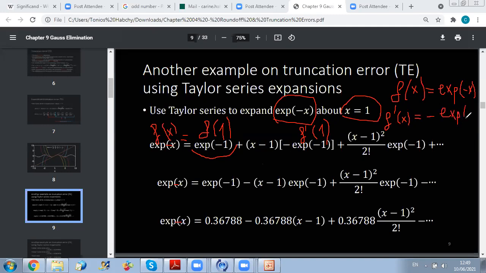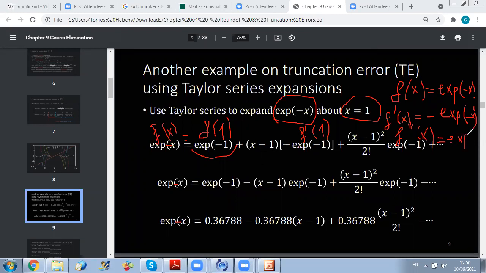And if you continue, you will see that you will have repetition. And the repetition here is the periodicity. Each two terms it's repeating. In the above example, each 4 terms it was repeating. So I have f second of x, minus minus will give me plus, and I will go back to exponential minus x. And it will be repeated in an infinite way.